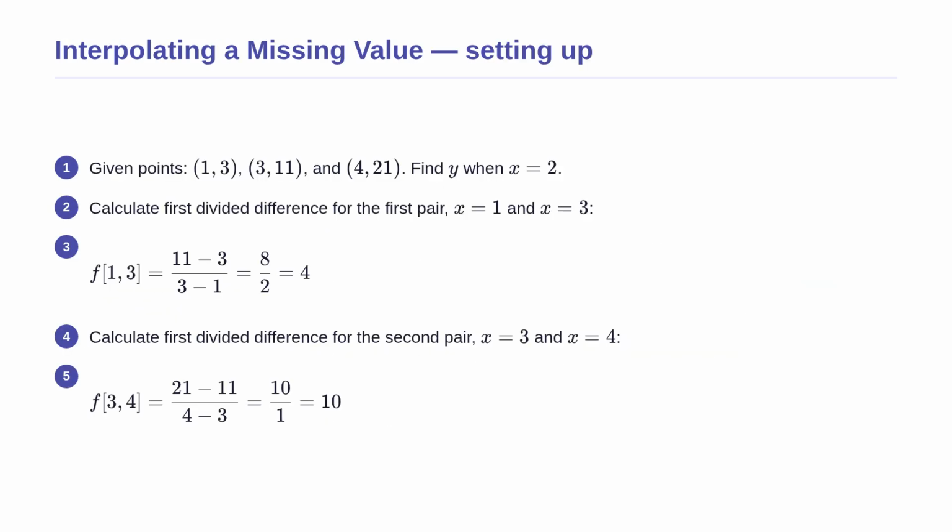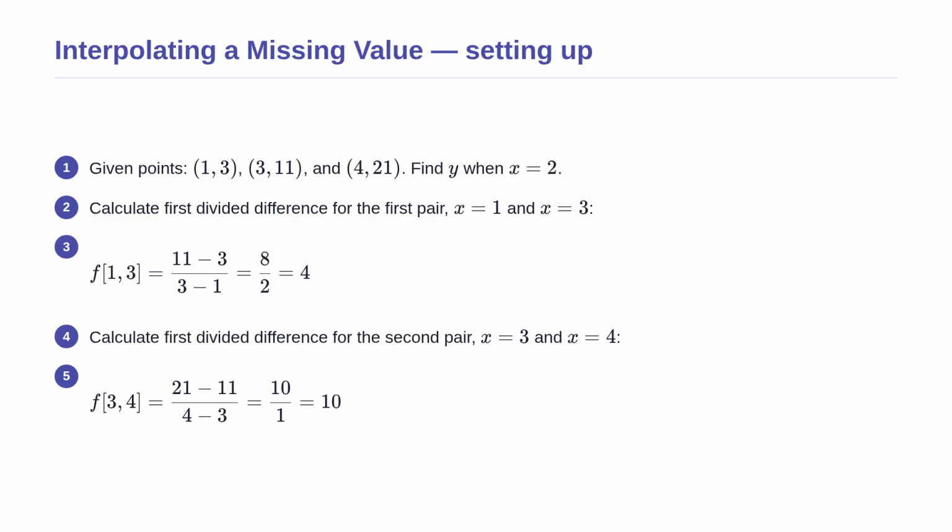Now that we have seen the table structure, let us put this into practice with a concrete example. Suppose we have 3 data points. At x equals 1, y is 3. At x equals 3, y is 11. And at x equals 4, y is 21. We want to estimate the value of y when x equals 2.